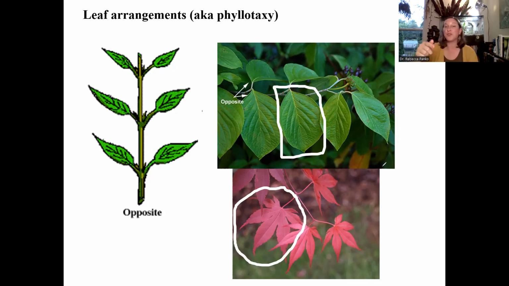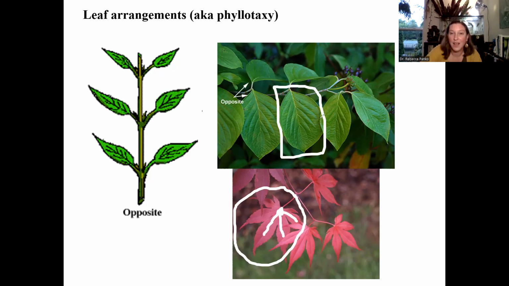Yeah, so this one you could actually get into arguments about. This is one you could fight your plant-loving friends over. So it is technically compound, and it's palmately compound. Asmar is saying I was going to say simple. So it has a central area where all the leaflets come out of.